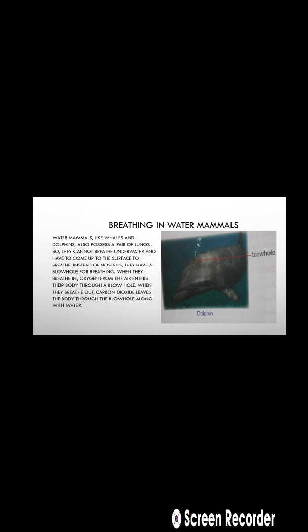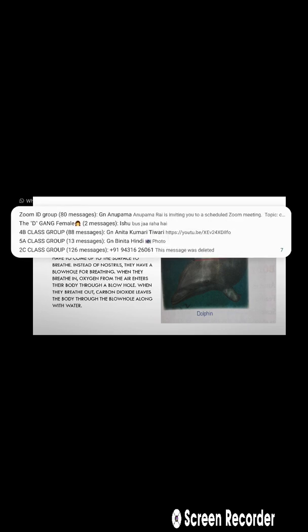When they breathe in, oxygen from the air enters their body through the blowhole. When they breathe out, carbon dioxide leaves the body through the blowhole, and that carbon dioxide is dissolved with water, and then with water that carbon dioxide comes out from the body of the whales or dolphins through the blowholes.